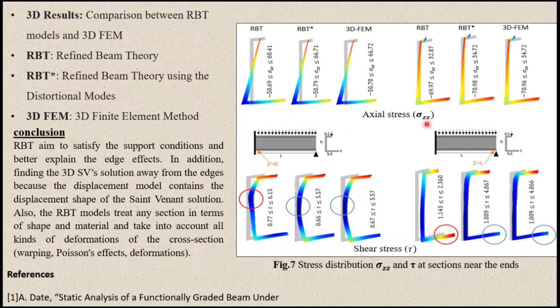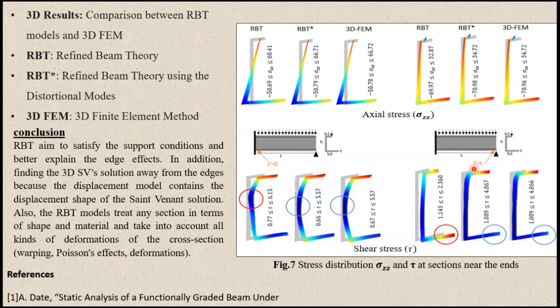Figure 7 presents the stress distribution fields for axial stress and shear stress near the two supports, clamped and simply supported.